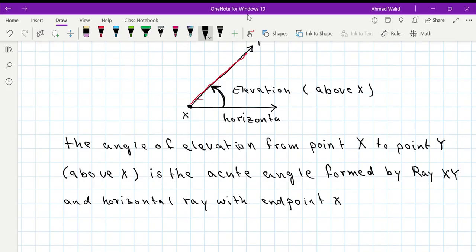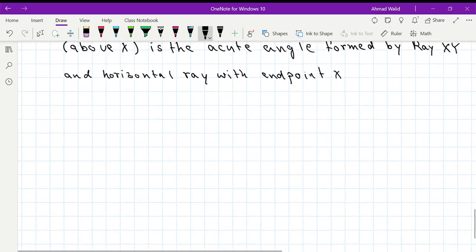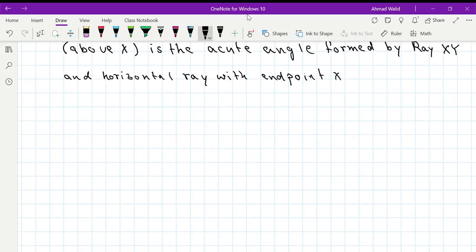If you have an angle where the initial side is horizontal and your terminal side is above the x-axis, we call that one elevation. And the opposite one, if I draw this for you, this is my horizontal. This is again the point X, correct?